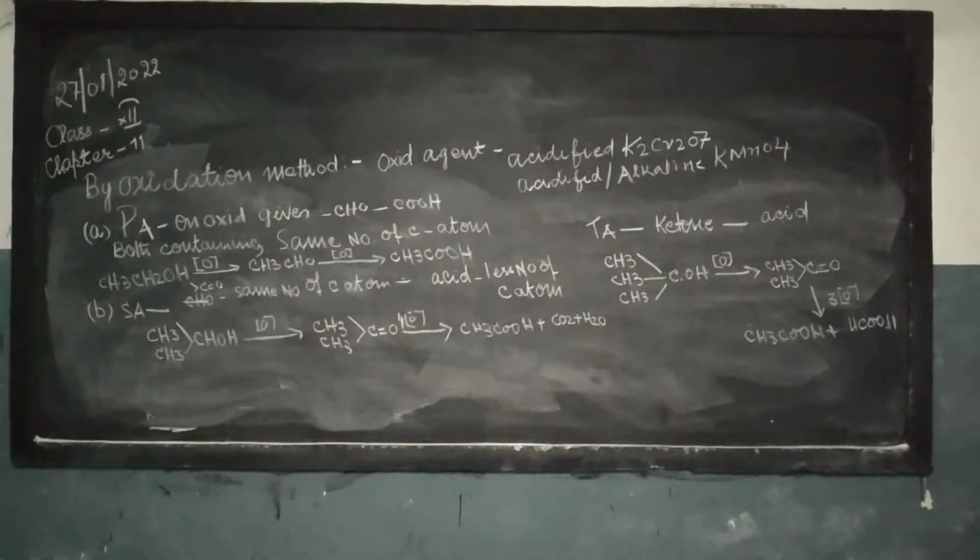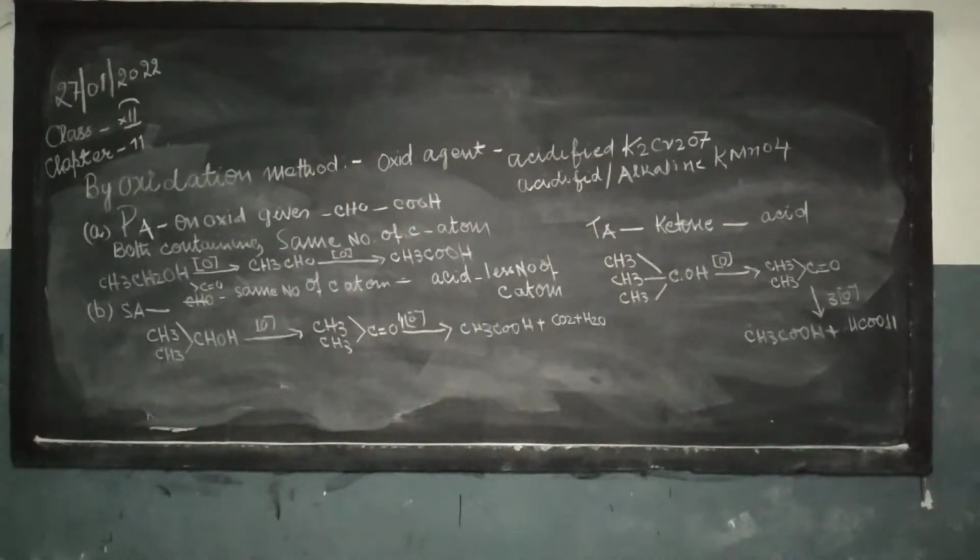Please listen to me very carefully so that it will be easy for you to learn the topic. Secondary alcohol on oxidation gives ketone, which contains the same number of carbon atoms as in the starting alcohol. This ketone on further oxidation gives acid, which contains less number of carbon atoms than the starting secondary alcohol.